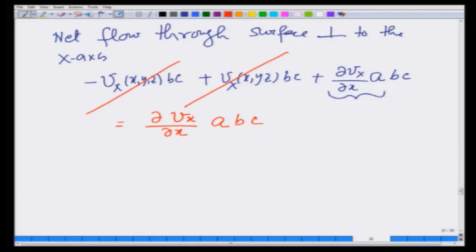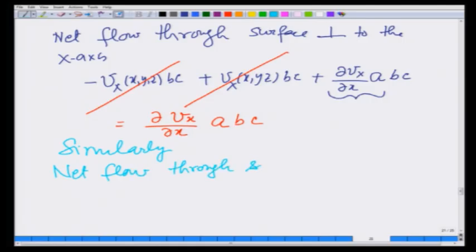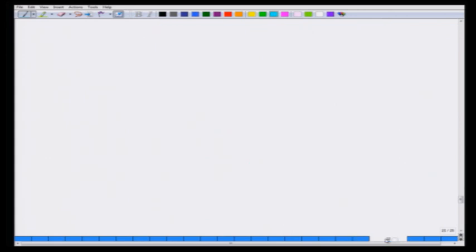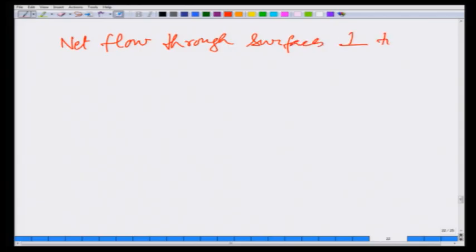In a similar manner, similarly, you can show that net flow through surfaces perpendicular to the y axis is going to be partial V y over partial y a b c, and net flow through surfaces perpendicular to the z axis is going to be partial V z over partial z a b c.